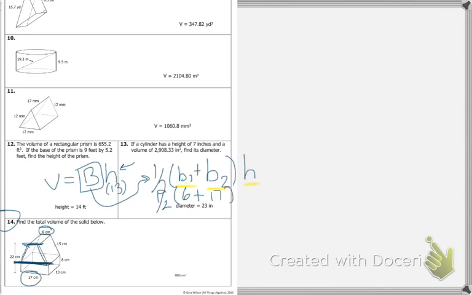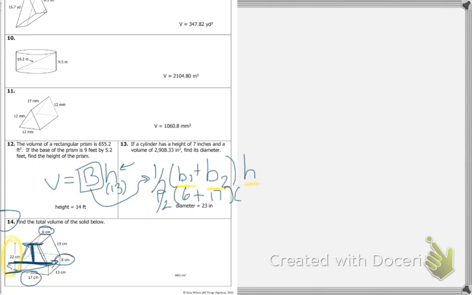And lastly, we need to find out who the height is. We need to find out this distance right here. Well, guess what? That's what this is for. We know that from here to here is 8 because it's right there.